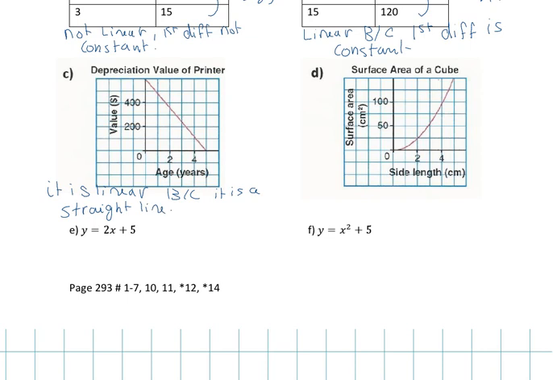And the second one? It's not linear, right? It could be exponential or it could be half of the parabola. So we can't say, but we can say that it is not linear. Because it's not straight.